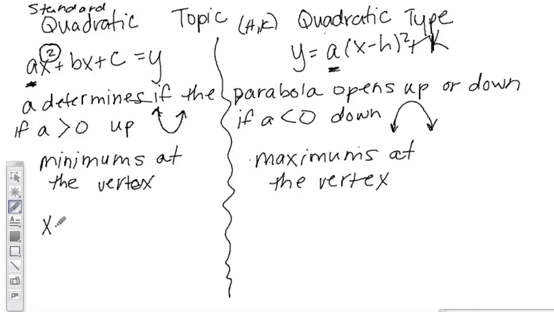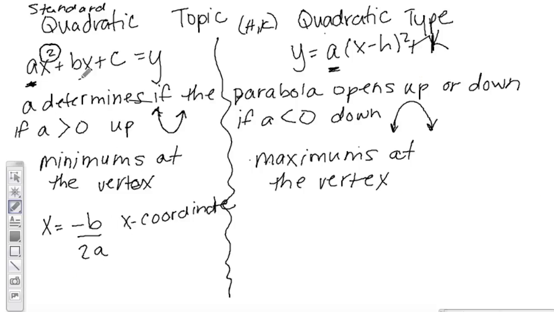We have a handy little formula here, minus b over 2a. This will give us the x coordinate of the vertex. Okay, so I'm going to write this as x coordinate.